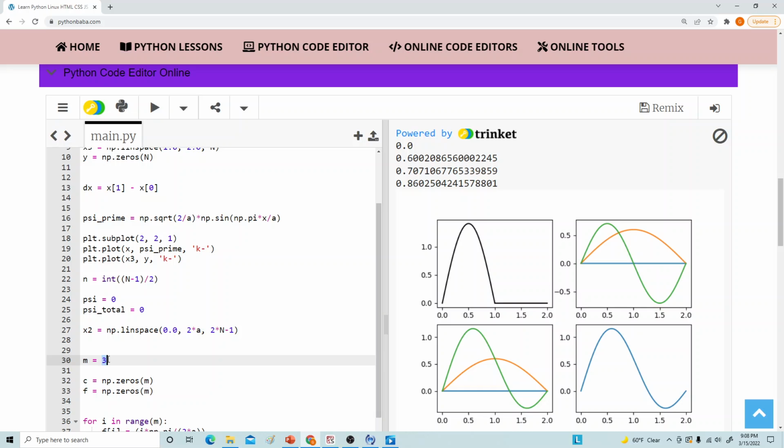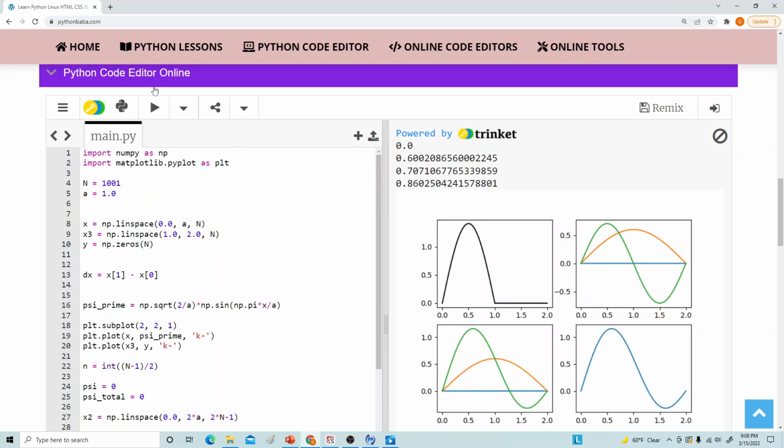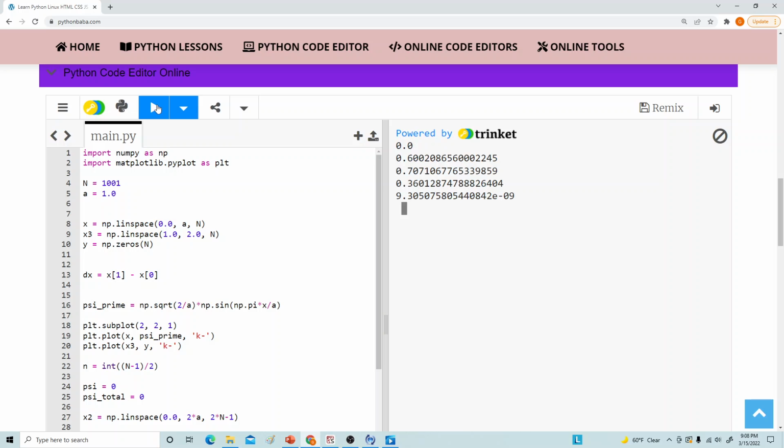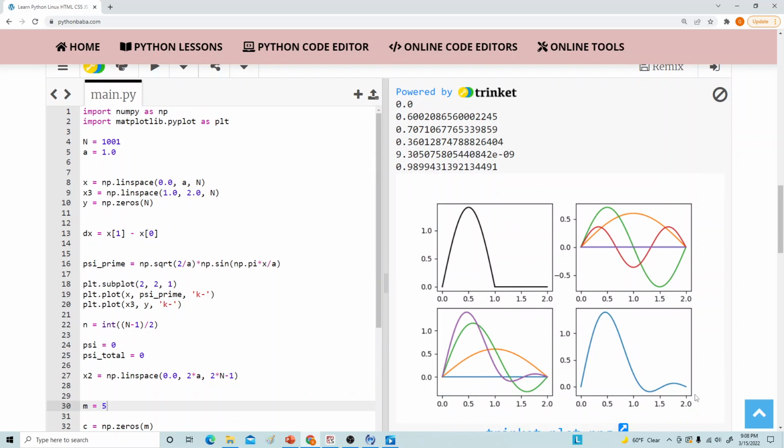And if I run this with more terms, you'll see that it actually starts to really flatten out, right? So even with just a few terms in the series, it actually starts to approximate the original function fairly well, okay?